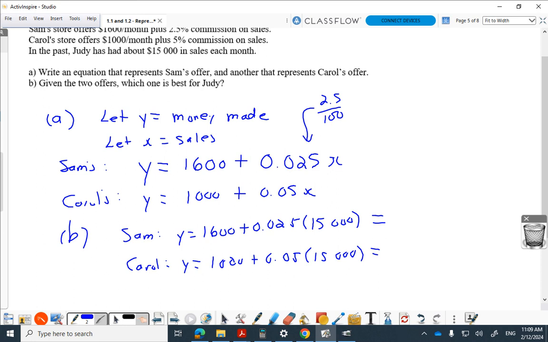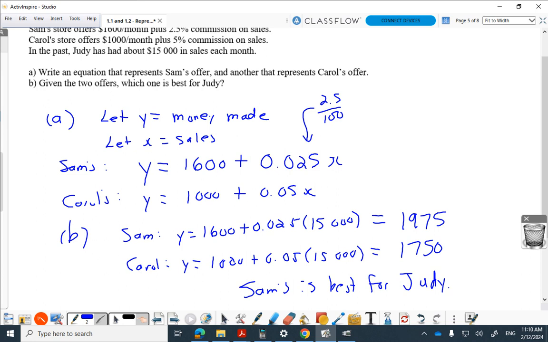Let's see, 1,600 plus 0.025 times 15,000. If she works at Sam's, she'd make 1975. 1,000 plus 0.05 times 15,000, 1,750. Sam's is best for Judy.